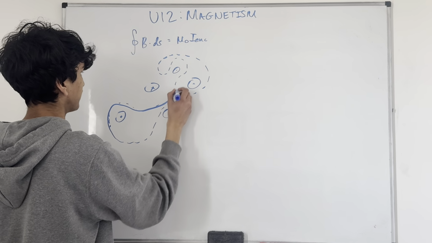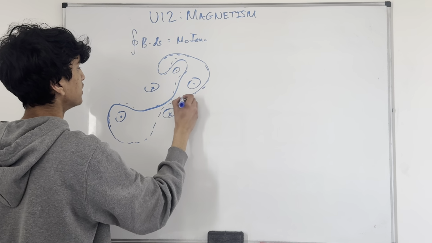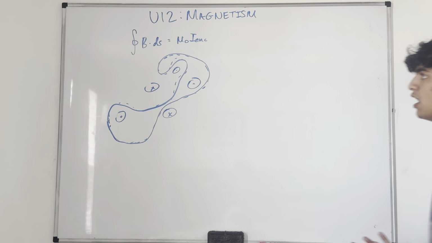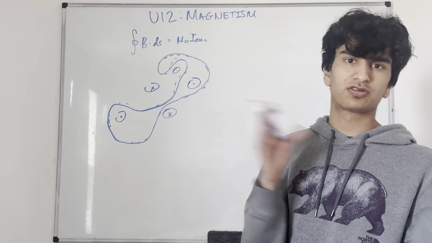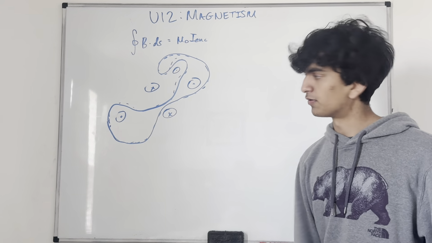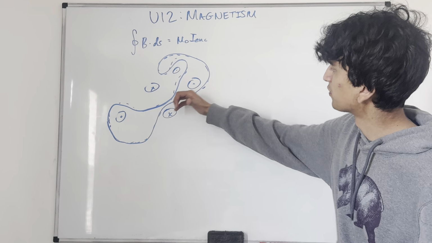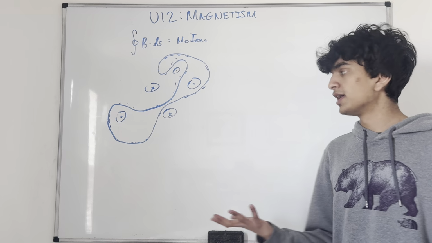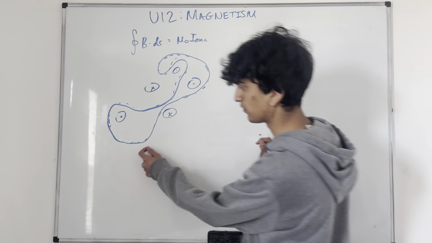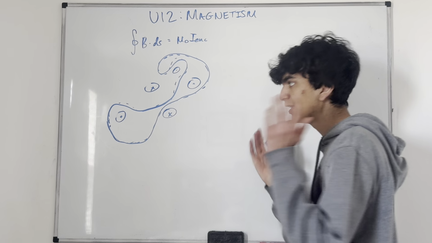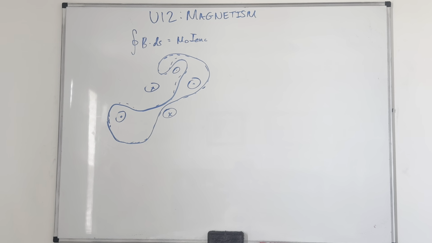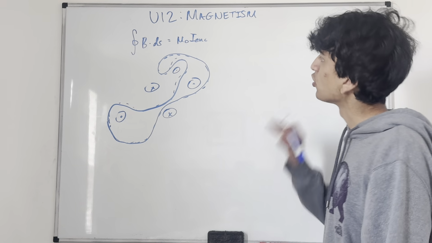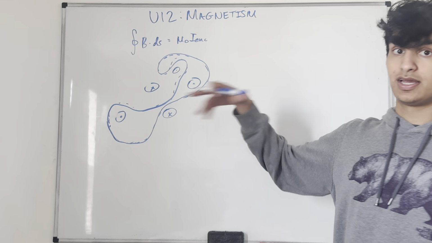If you were to draw some sort of loop around certain wires, these wires are all creating all sorts of magnetic fields along this line. You could use the right-hand rule to figure out the magnetic field at each point. But if you were to integrate the total magnetic field along this loop, no matter how crazy the loop is or how many wires there are, that line integral will always evaluate to mu naught times the enclosed I.